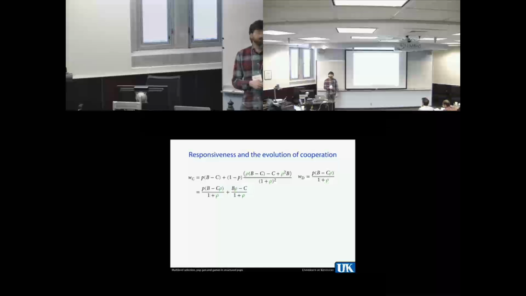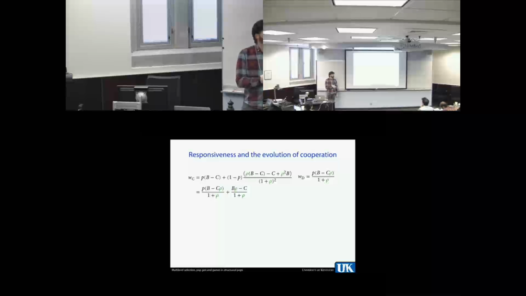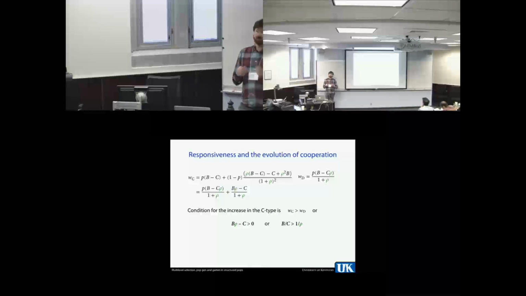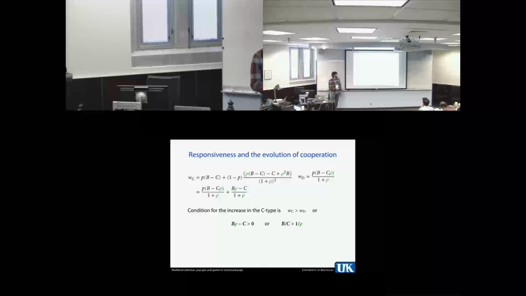We do the same thing for the fitness of a defector, given that the frequency of C types is P, and we get a simple expression. Then to know when a cooperator has more fitness than a defector, we set that up as an inequality. Two terms cancel, leaving us with B rho minus C greater than 0.